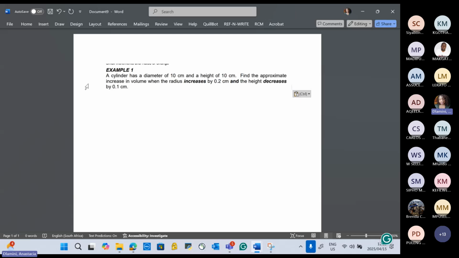Where do we start? We should probably know the formula for the volume of a cylinder, which is V equals pi r squared h, but we're given the diameter instead of the radius. So the diameter is 2 times the radius. Do we all agree?